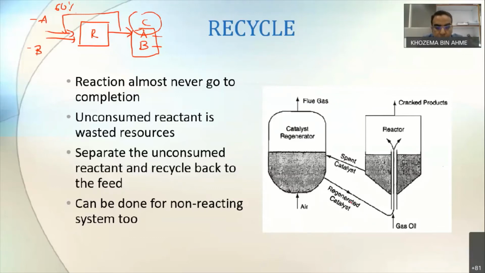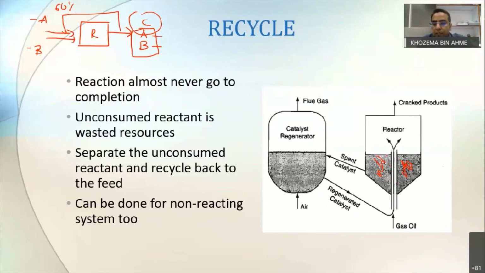When we have a reaction, this is our reactor, and all these things are our catalyst. Our gas oil will react with the help of the catalyst and will produce product.